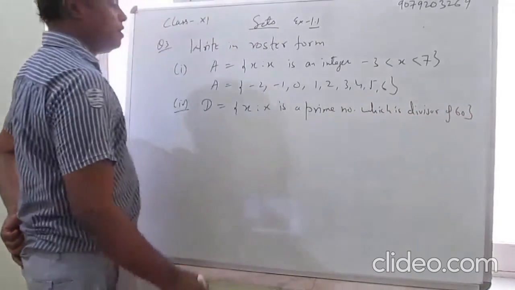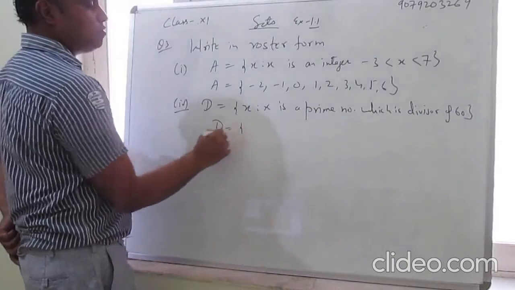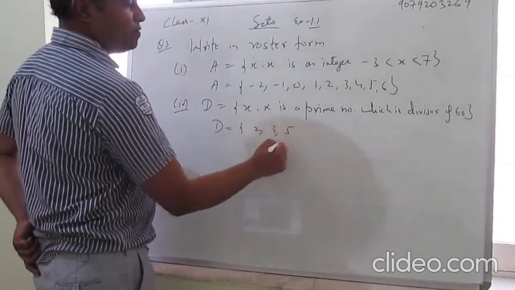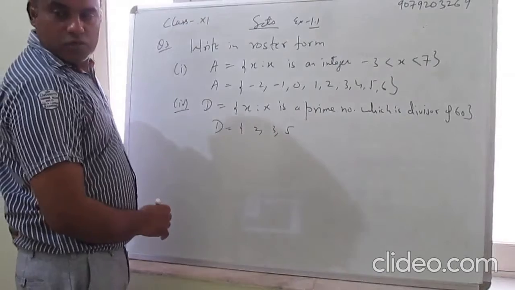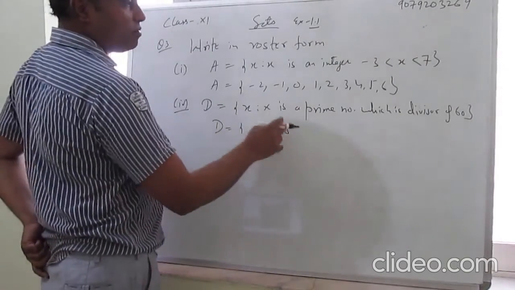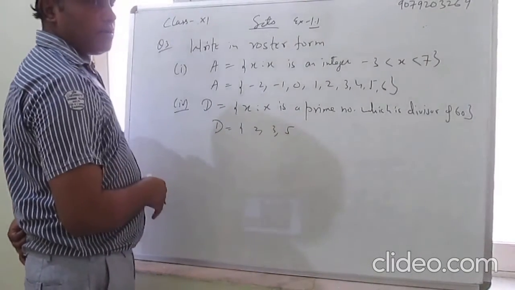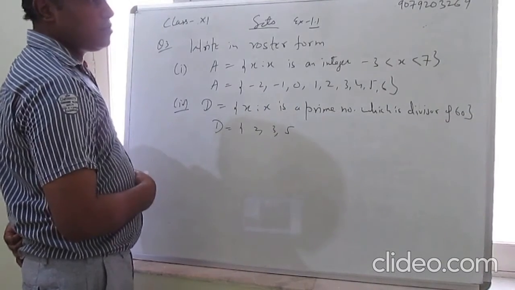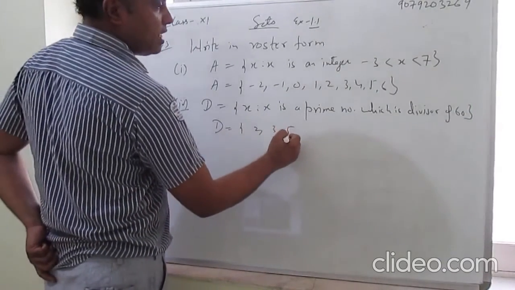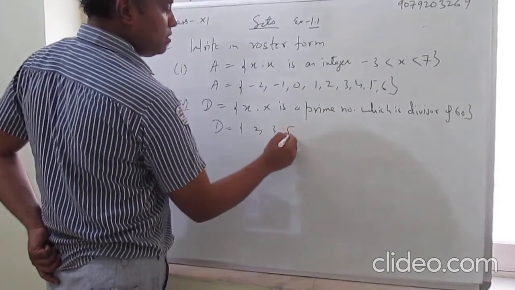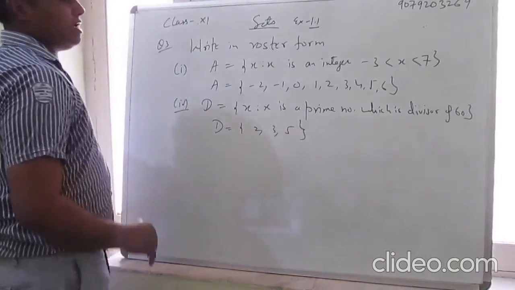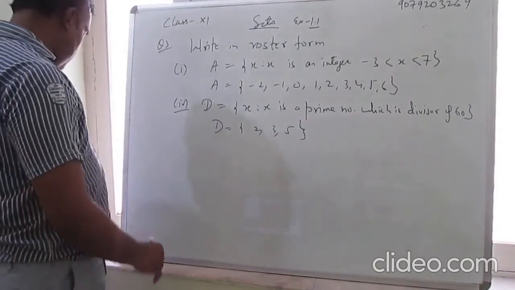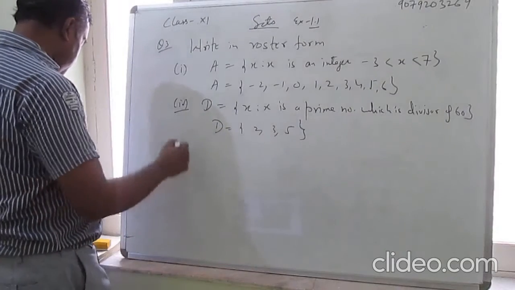The prime numbers which divide 60: 2, 3, 5 yes; 7 is not, 11 is not, 13 is not, 19 is not. So this is the answer: x is a prime number which is a divisor of 60, D = {2, 3, 5}.